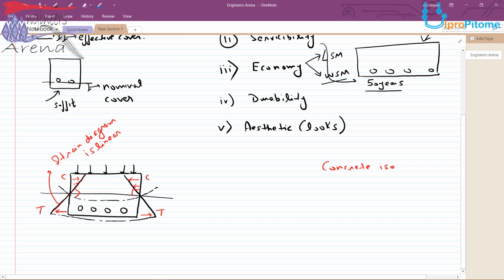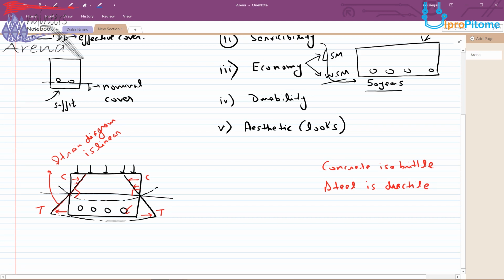Okay, so I just want to say that concrete is a brittle material. Brittle is just like a biscuit. Concrete is a brittle material, and steel is ductile. So concrete can take compression, but concrete cannot take tension.